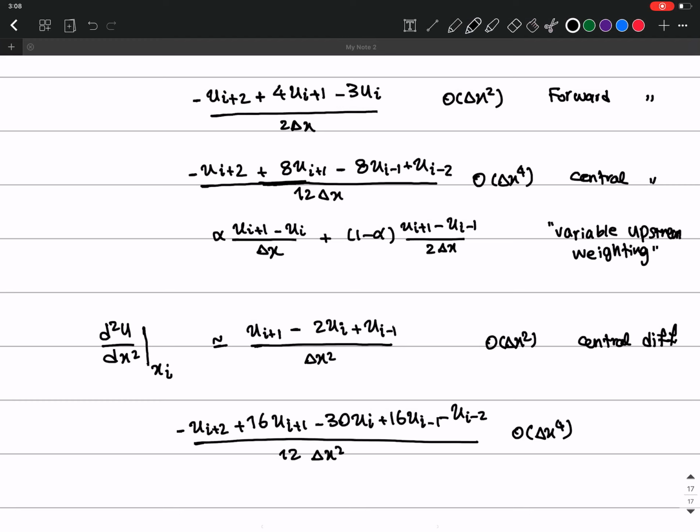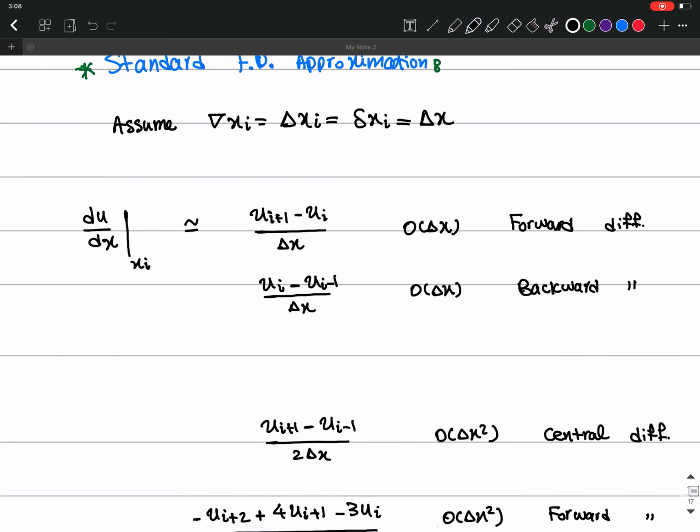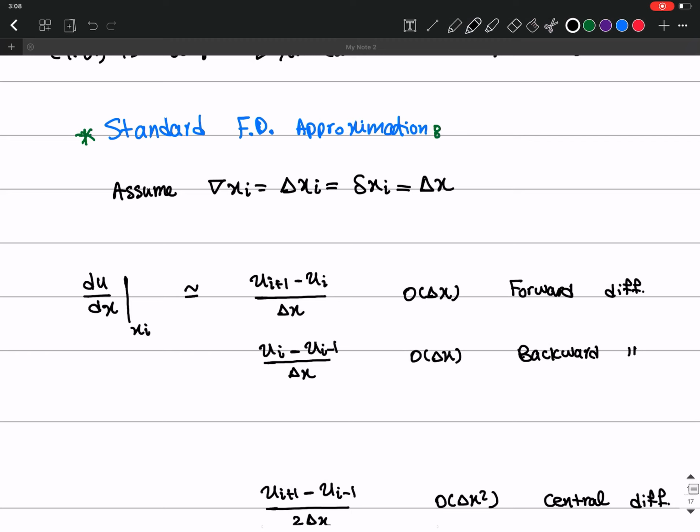So it's a higher order scheme that can be used. Okay, so these were some general standard finite difference approximations that we introduced.